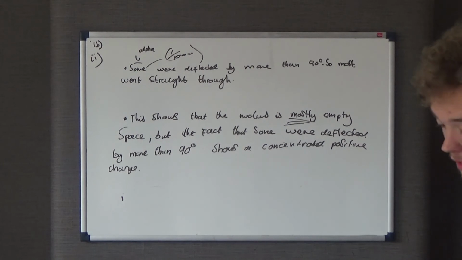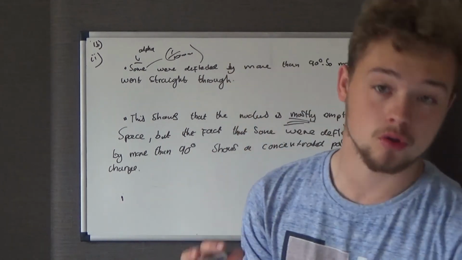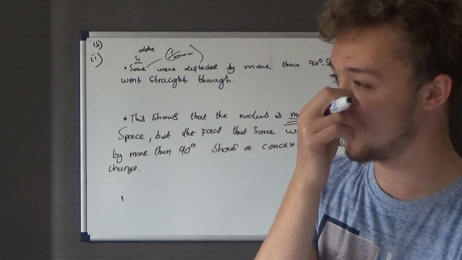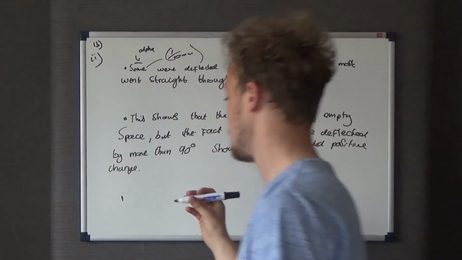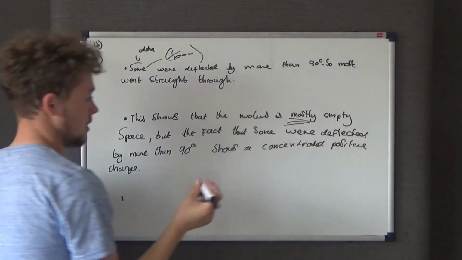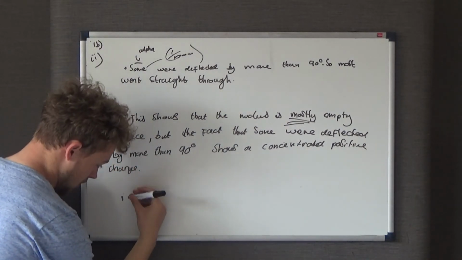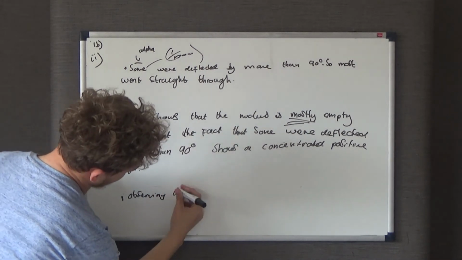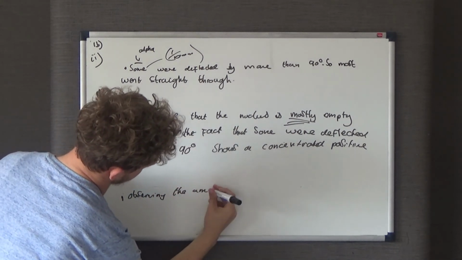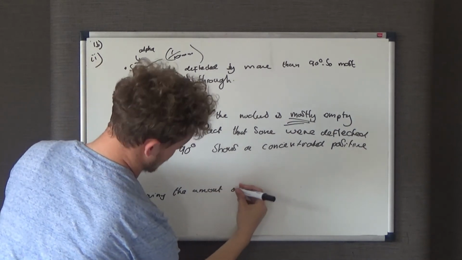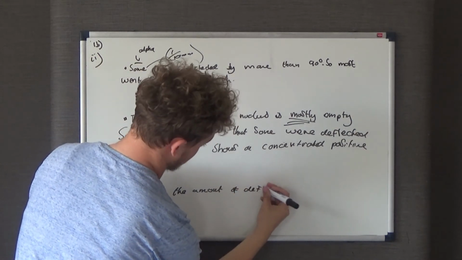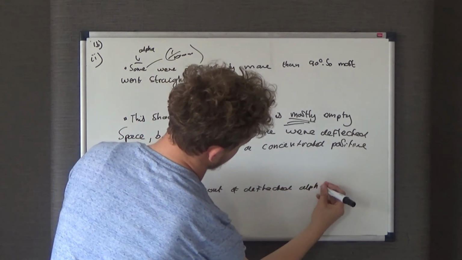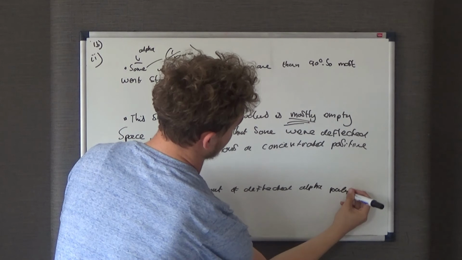So what you would do is look at the amount that has not touched the nucleus itself, i.e. gone straight through, and the amount that has been deflected back. So your next point needs to be some reference to observing the amount of deflected alpha particles to the amount that weren't deflected.